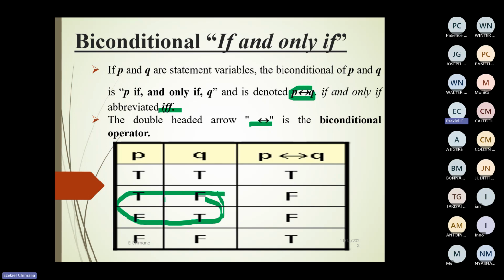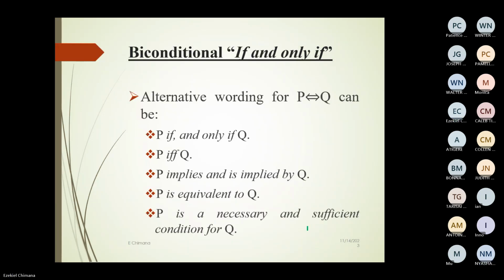Otherwise, it is always true. True, true gives you true. False, false gives you true. But whenever you have a true and a false, or a false and a true, the result is false. That's the if and only if biconditional operator.